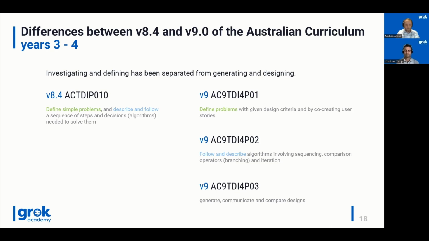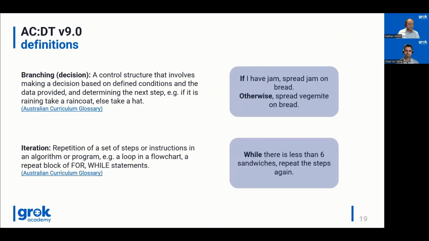And then there's a third content description that's more to do with the design of user interfaces. So the one that's relevant to algorithms for today is the one that we've just highlighted there, ACT 9T DI4PO2.